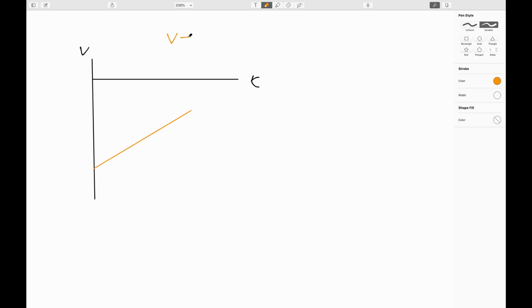So here the velocity is negative, so that means the object is moving to the left. But if we take a look at the slope, you can see the slope is positive. So that tells us that the acceleration is positive. So the acceleration is pointing to the right.